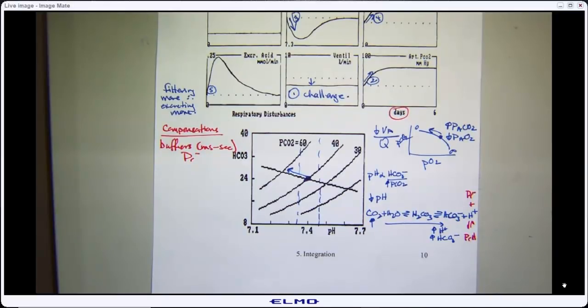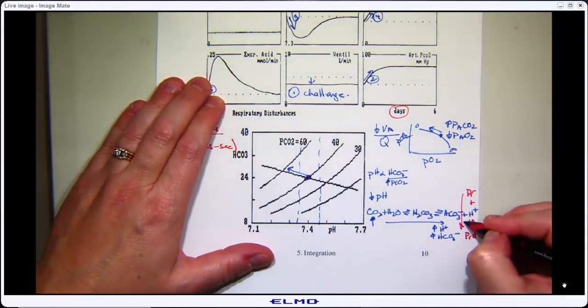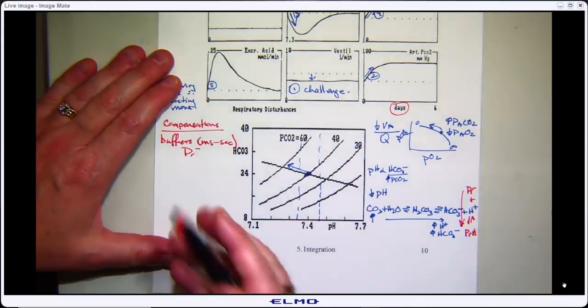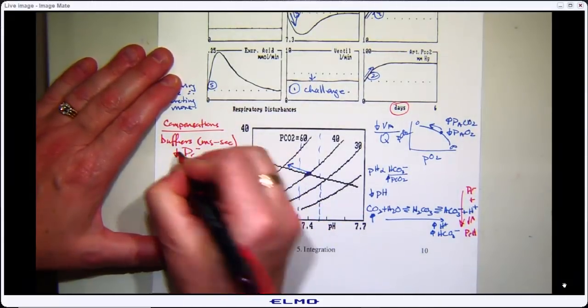Increase in hydrogen ion. Got it. What's going to happen with that pool? You're going to decrease it because we're going to push the equation in that direction. Increased hydrogen ion, we're going to bind it, minimizing our disturbance, right? So if I push the equation in this direction, I'm going to have a decrease. Brilliant.